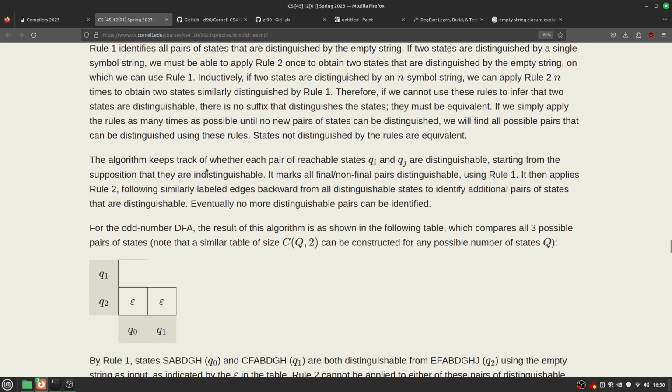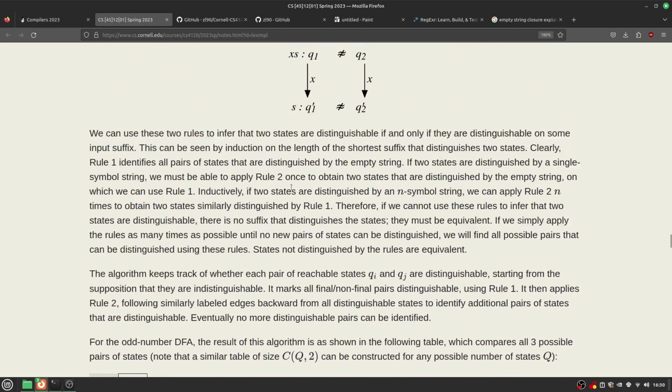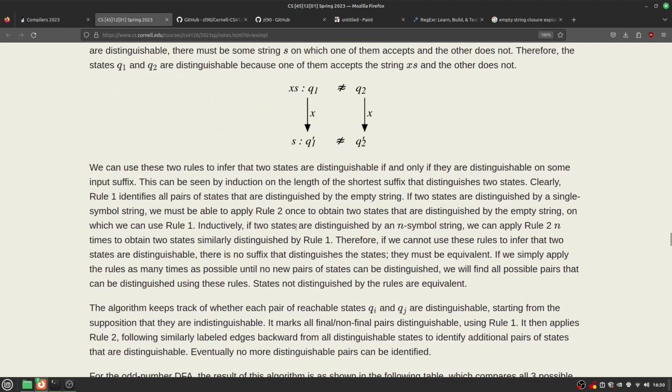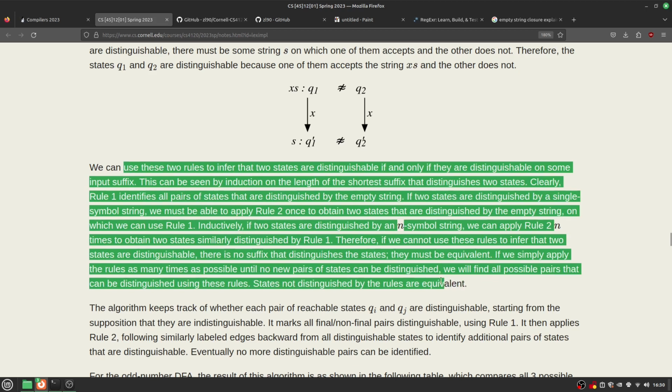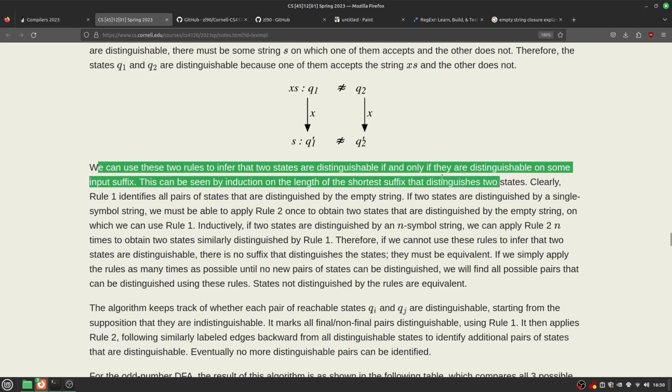So you can use these rules inductively. We can use these two rules to infer that two states are distinguishable if and only if they are distinguishable on some input suffix. This can be seen by induction on the length of the shortest suffix that distinguishes two states.